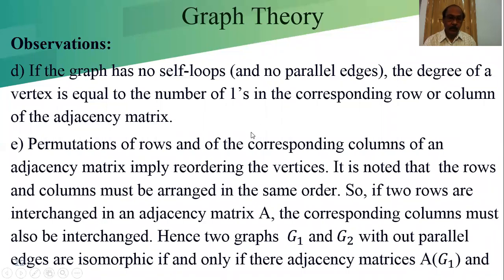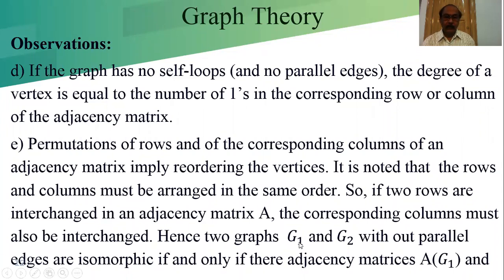Suppose we interchange the second row and third row, at the same time we have to change the second column and third column in the same order. If the pth row and the qth row are changed, then the pth column and the qth column should be interchanged.